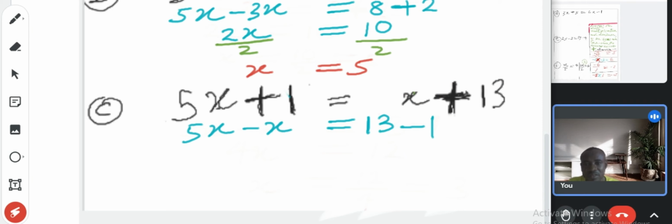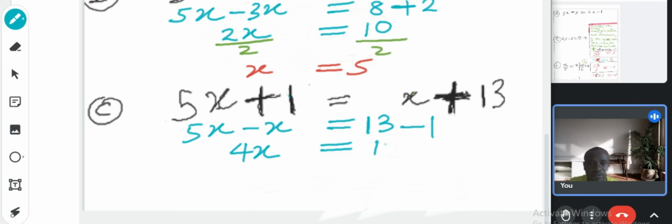Okay, so what does this give us? 5x minus x will give you what? 4x, because this is saying 5x minus 1x, even though there's no 1 shown here, but it actually means 1x. So 5x minus 1x will give you 4x. So that's 4x equals 13 minus 11.